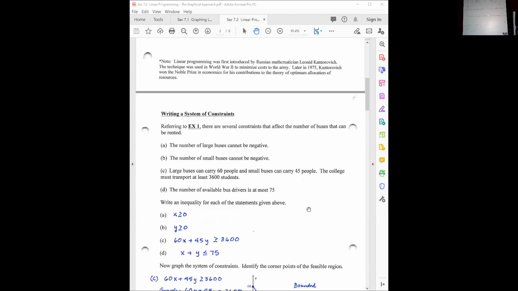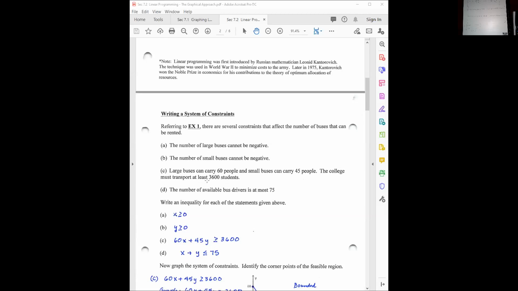So the first constraint is that they must be greater than or equal to 0, because you can have 0 large buses, but you cannot have -1 large bus. 60 people for large ones, and X is large, so you get 60X plus 45Y. The college must transport at least 3,600 students.